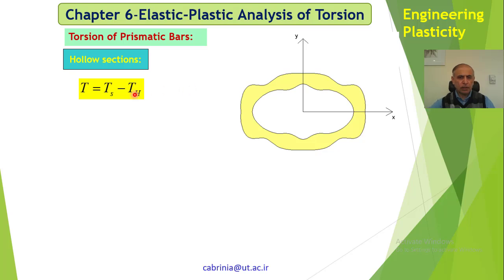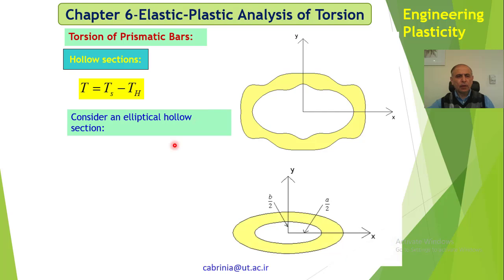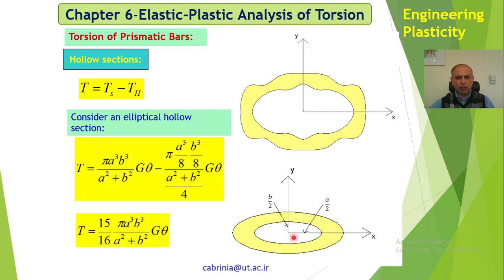And obviously so far we have talked about elastic analysis. So this is clearly correct for the elastic analysis. We haven't gone into the plastic yet. So now consider an elliptical hollow section like that. And then we have T is equal to this, which is for the total elliptical section.